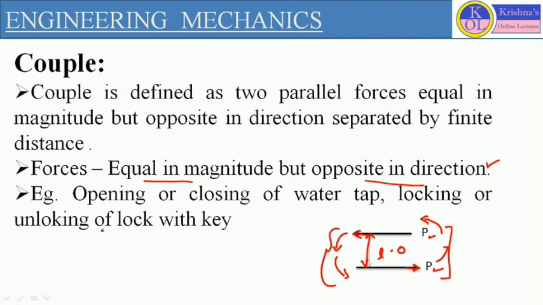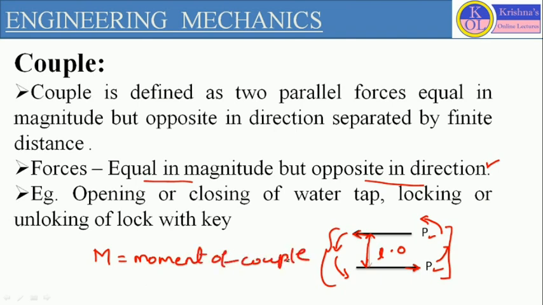If we represent M as the moment of couple, we define it as force into perpendicular distance, and that perpendicular distance should be the distance between these two forces. So we can take either one force multiplied by the perpendicular distance between the two forces, and that represents the moment of couple.